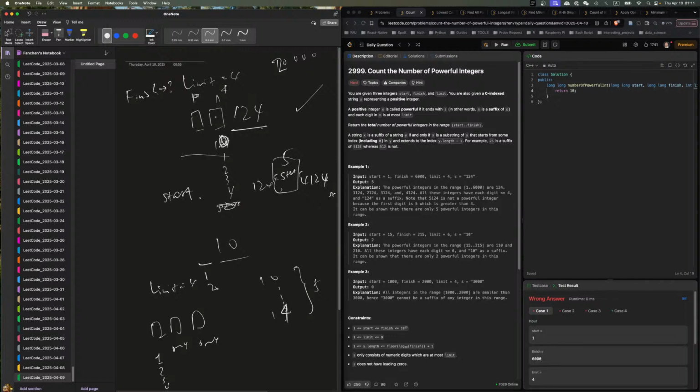We check the first digit of start. If the first digit of start is bigger than the limit, then boom, we can go. Basically, we go through the start from left to right. For each digit, we compare with the limit.